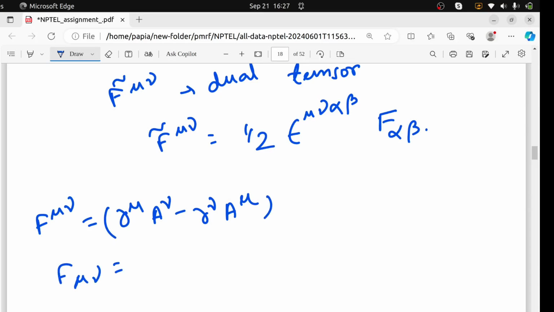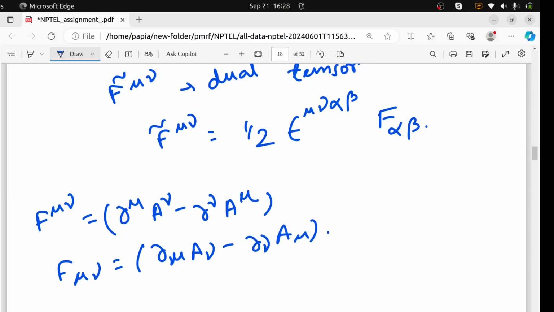This one will be simply eta del mu nu minus del mu nu. So we'll just put these values, and obviously epsilon mu nu alpha beta are the Levi-Civita tensor, right?